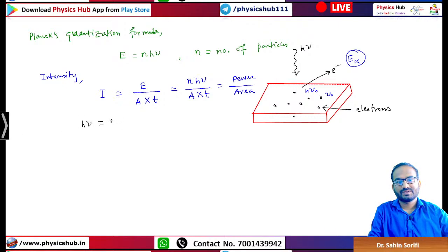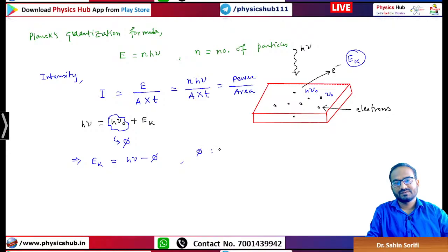A portion of it, h nu 0, is used in overcoming the barrier potential, and the remaining is ejected as the kinetic energy of the electron. This h nu 0 is identified as the work function phi of the metal surface. So kinetic energy is h nu minus phi.